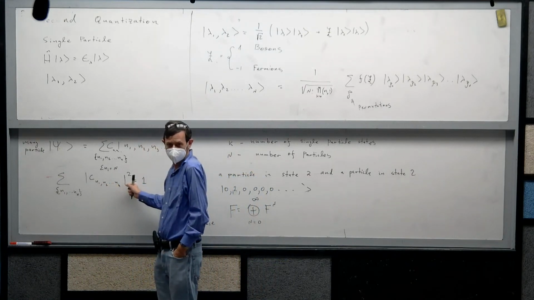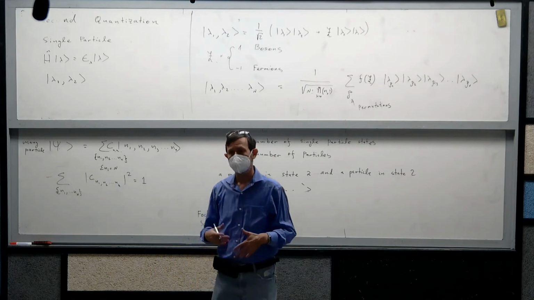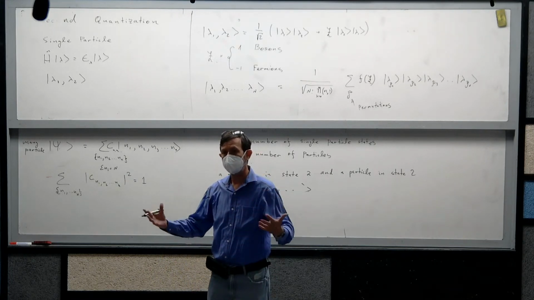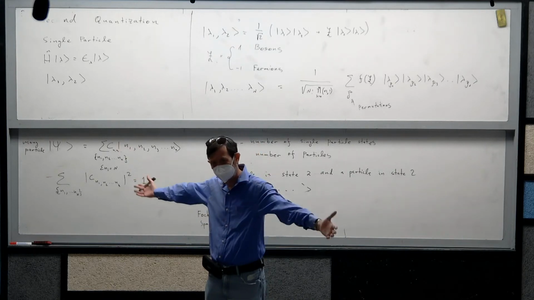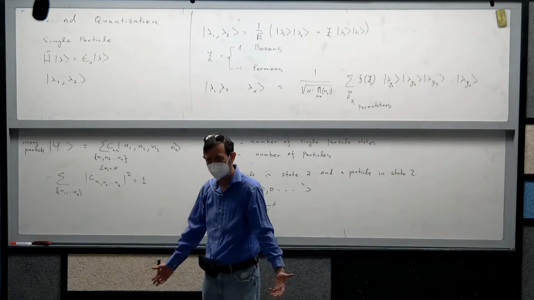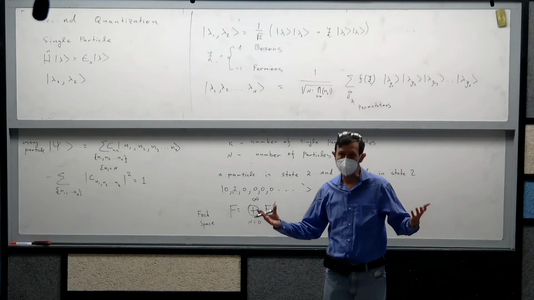So for n particles, we have the usual Hilbert space. And now I'm saying I combine all the possible spaces with 0 particles, 1 particle, 2 particles, an infinite number of particles, and it has a name: Fock space.